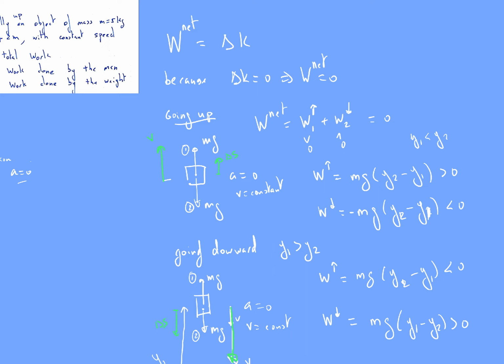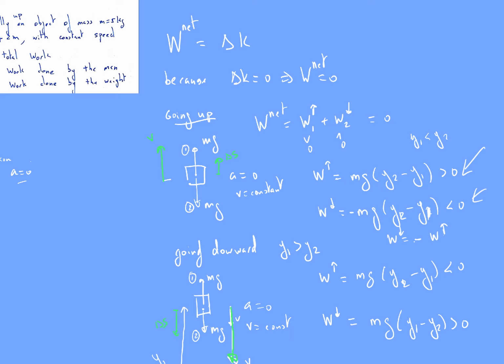Now the work is exactly opposite the work of the force going upwards. The work of the force mg that goes downwards is minus the work of the force going upwards. You see, this is positive, this is negative, and the sum is zero.